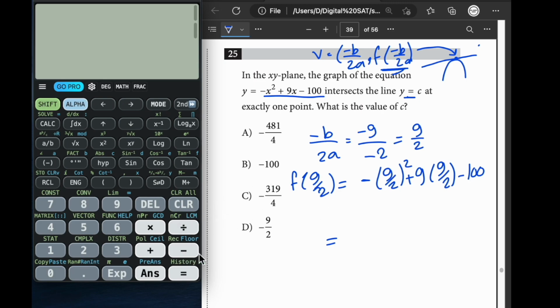Negative 9 over 2 squared will be negative 81 over 4, plus 9 times 9 over 2, which is 81 over 2, minus 100. So the answer is negative 319 over 4, so the answer is C.